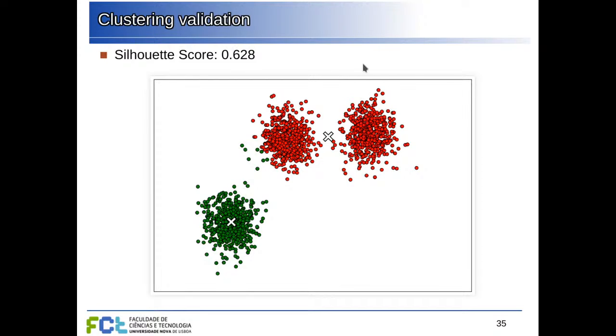If you make a mistake, for example, in choosing the number of clusters, and you have this clustering, then you see the silhouette score is now reduced, because now we have a cluster where points are very far apart, and they may actually be close to points in the other cluster. So when we average the silhouette score for all these points, we get a lower overall score for this clustering.